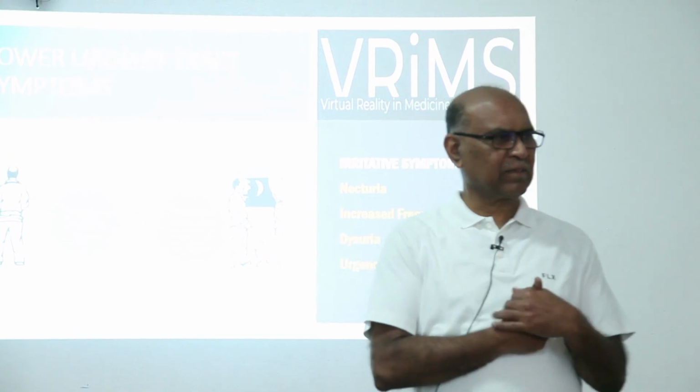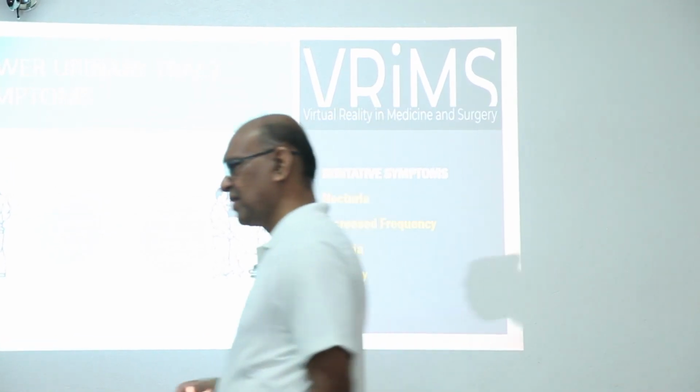What about urgency? Why does urgency occur? Why do you get urgency? Not incomplete voiding. See, normally, I said the pressure doesn't change too much till it reaches about 350-400 ml.